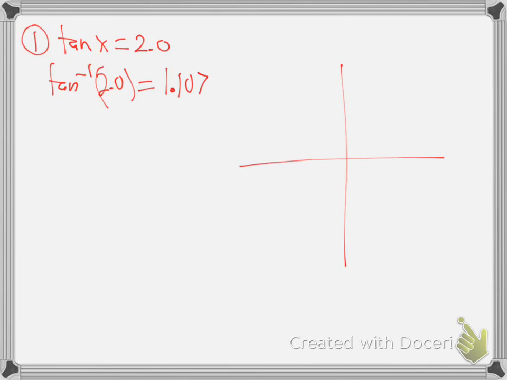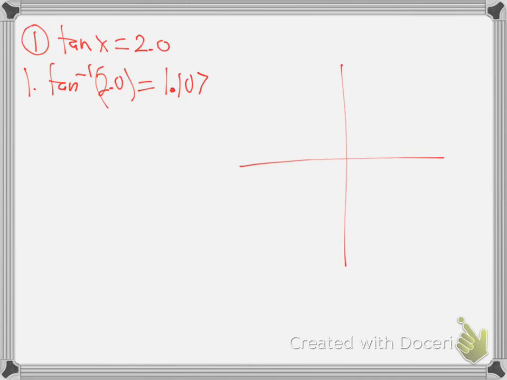We got a little bit more room. So tangent of x is 2.0. We do tangent inverse of 2.0. We get 1.107. Okay, so that means that is a reference angle, isn't it? I wrote step number 1, do the tangent inverse.